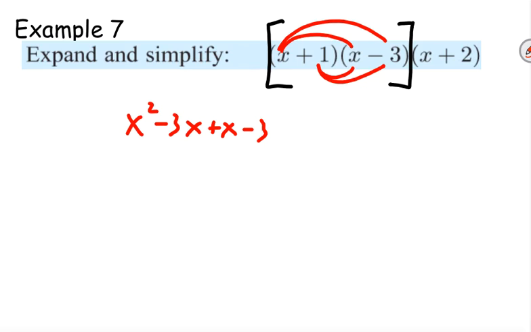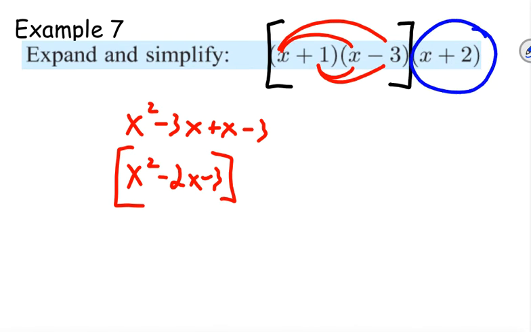When I simplify that, I have x squared minus 2x minus 3. But remember that over here, I haven't multiplied it through on this term. And I can multiply this by x plus 2.